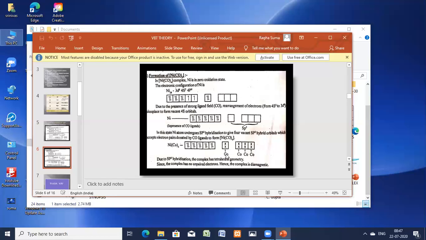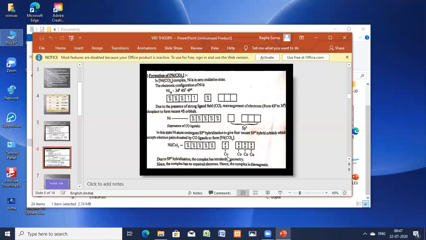And for each carbon monoxide, it should be a capital C and capital O, just like this. So this will donate a pair of electrons to a hybrid orbital. The second carbonyl also donates its pair of electrons to the second hybrid orbital.